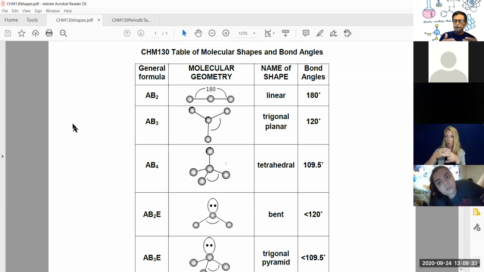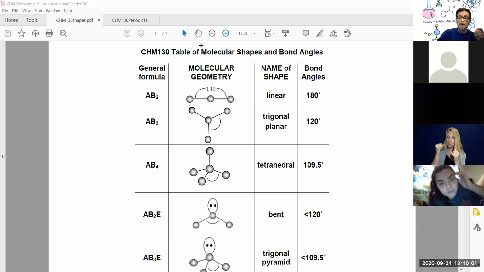If we look at the next one, AB3, you can see that that bond angle again represents the distance between the B atoms. In this case, it's called trigonal planar, and it is 120 degrees. Now, don't forget, that line that is put there in the model represents 2 electrons.